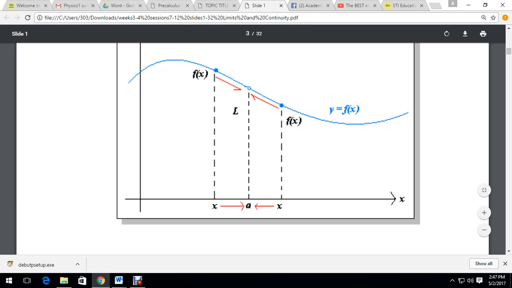The value of the function f of x on the lower part within this interval is somewhere here. And the value corresponding to a on the x-axis corresponds to a particular value on the y-axis, and we define this point as L. So this point at the middle between these two points is L. Above L is this point, and below L is this point.